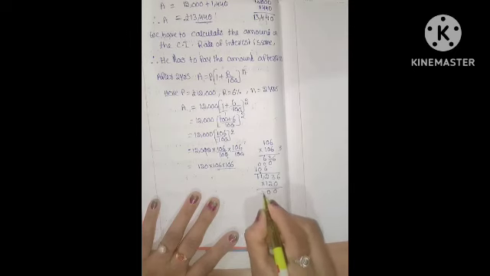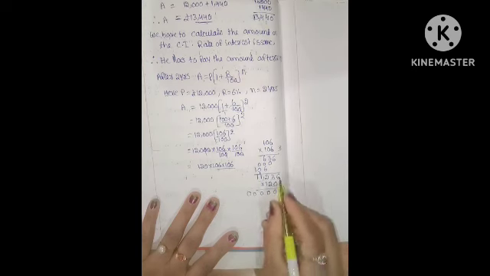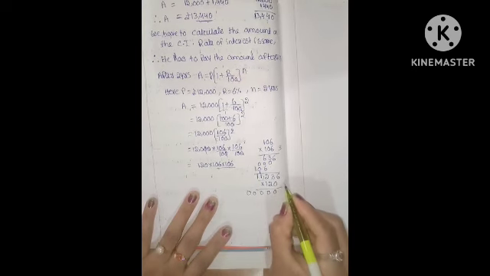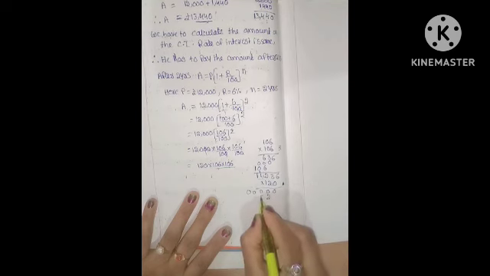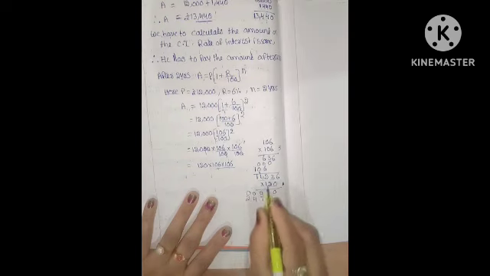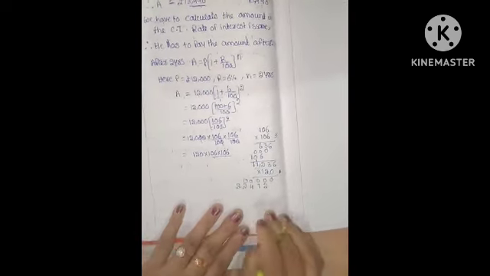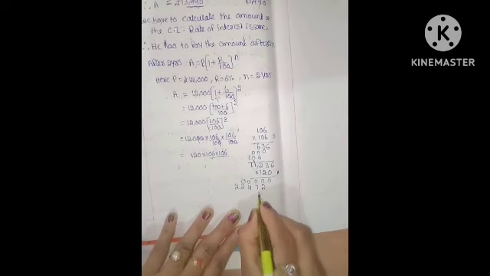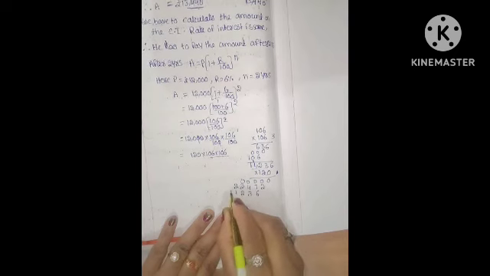First 0 0 0 0 0, 5 zeros only. Next, again the 2 table. 2 sixes are 12. 2 threes are 6. 6 plus 1 is 7. 2 twos are 4. 2 ones are 2. 2 ones are 2. Next the 1 table. 1 six is 6. 1 three is 3. 1 two is 2. 1 one is 1. 1 one is 1.